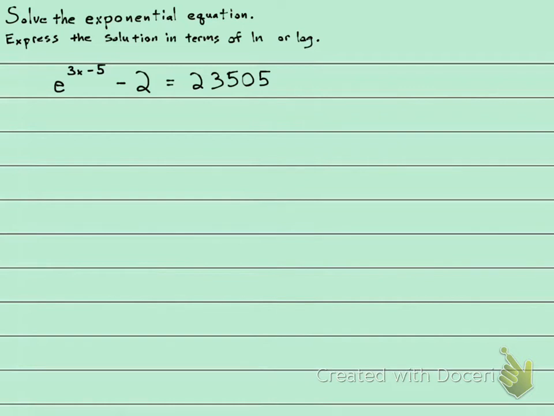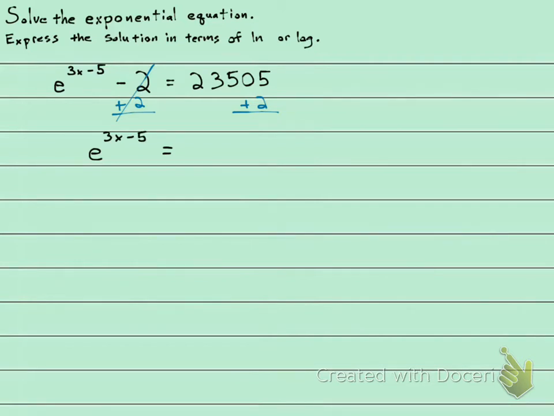We want to get this grumpy old x by itself. First thing we're going to notice is that there is a minus 2, and we can easily get that away from the left-hand side by adding 2 to both sides, plus 2, plus 2. Negative 2 plus 2 cancels out. So on the left-hand side, we're left with e to the power of 3x minus 5.